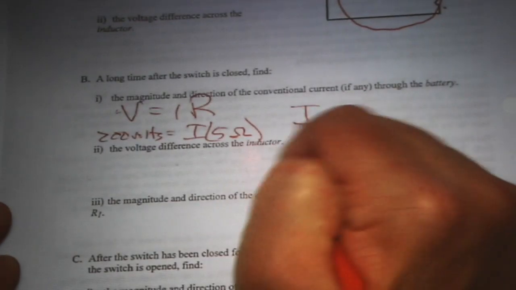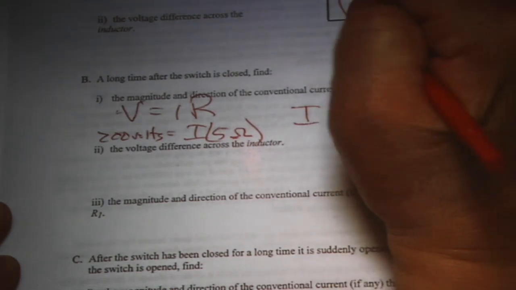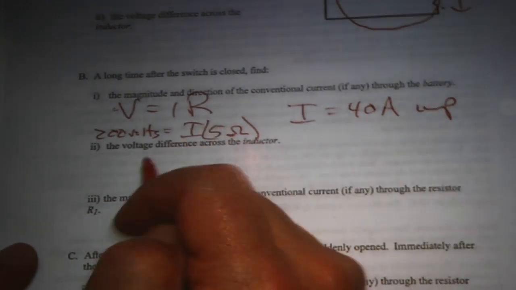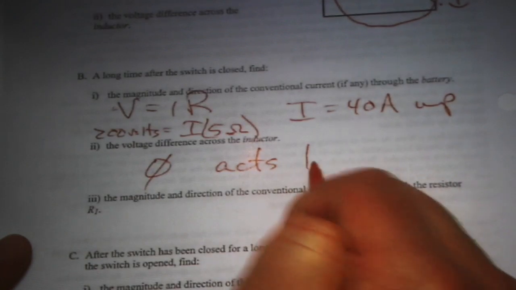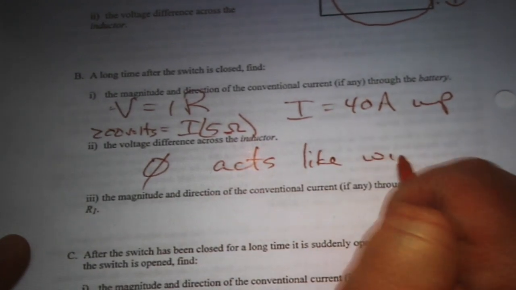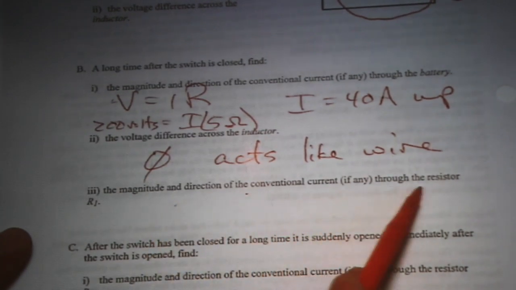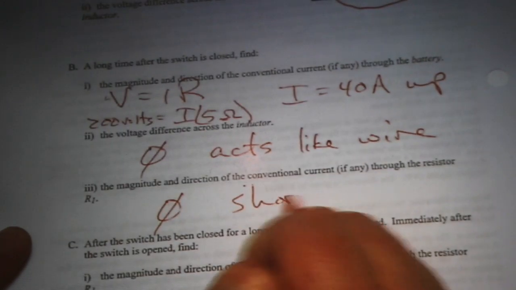And that gives me an I of 40 amps up. Okay? The voltage difference across the inductor is 0. It's acting like a wire. And what's the magnitude and direction of the conventional current through resistor R1? 0. It's shorted out.